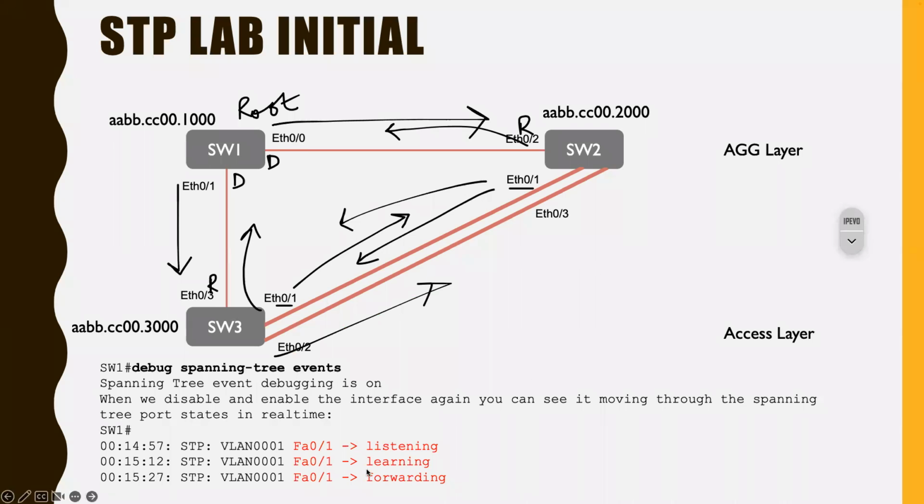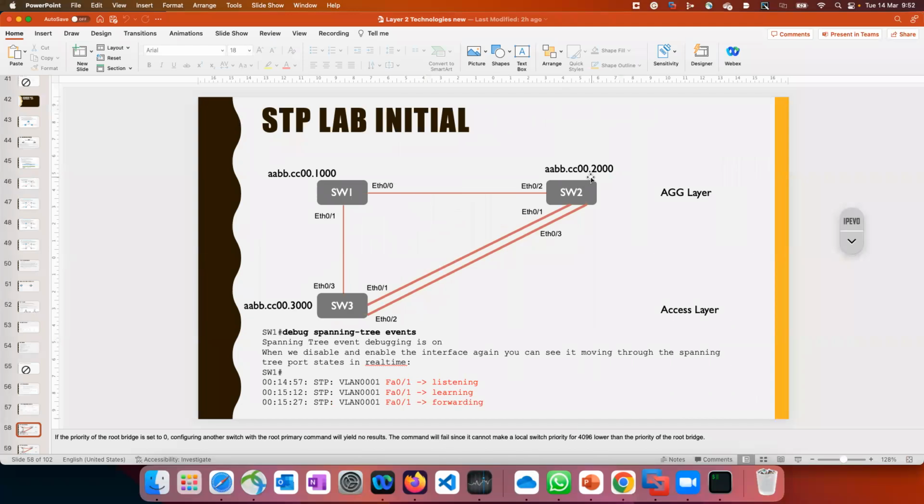What I feel is, if we stand on switch 3, the MAC address of switch 3 is higher, which is 3000, and on switch 2, the MAC address is lower, which is 2000. So according to me, the port on the switch 2 side should become the designated port, and the port on the switch 3 side should go into the blocking mode.